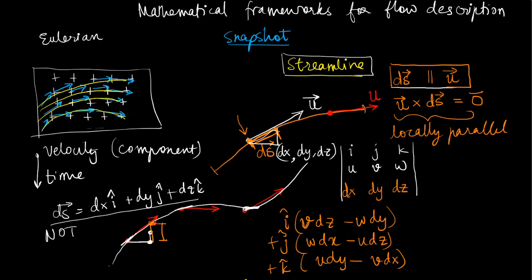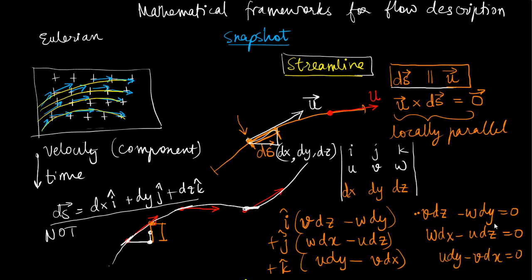Because each of these components has to be 0, because the cross product is a 0 vector, this implies that v dz minus w dy is equal to 0, w dx minus u dz is equal to 0, and u dy minus v dx is equal to 0.